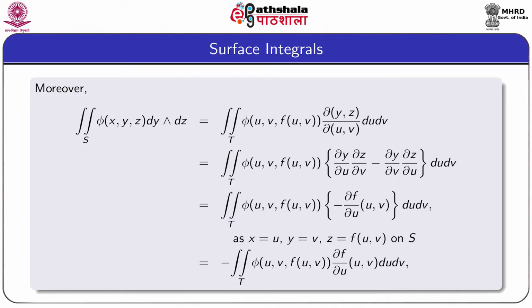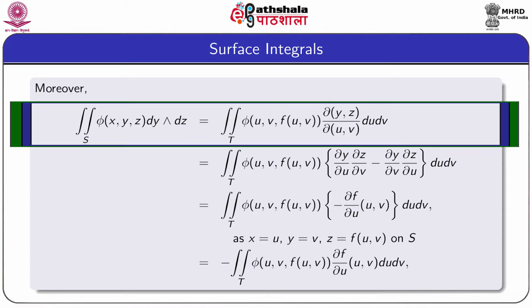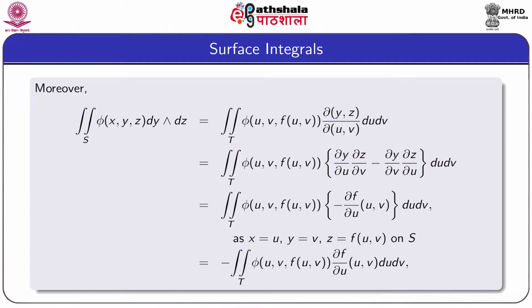Moreover, the surface integral of φ(x,y,z) dy∧dz over S equals the double integral over T of φ(u,v,f(u,v)) times the Jacobian ∂(y,z)/∂(u,v) du dv.